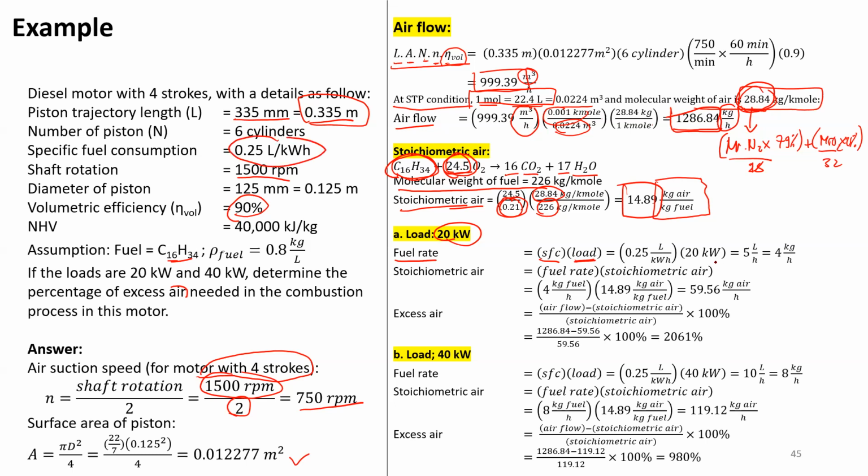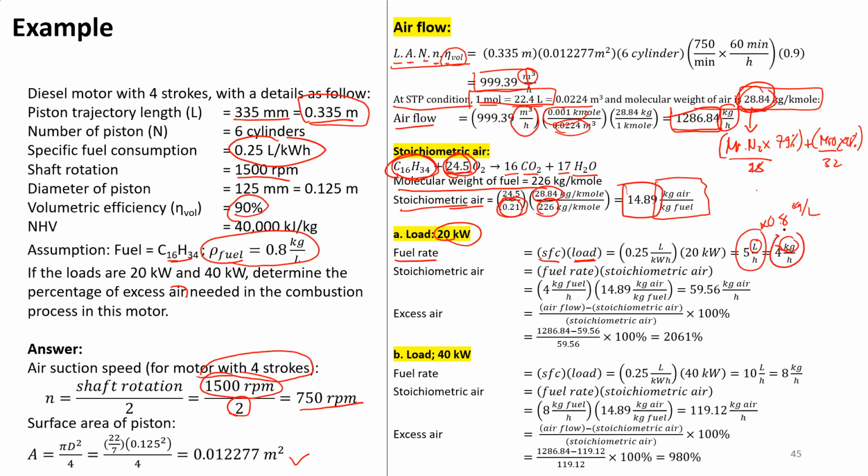Because we assume the density of the fuel is 0.8 kilogram per liter, you can convert the volume unit to the mass unit by multiplying by the density, kilogram per liter.